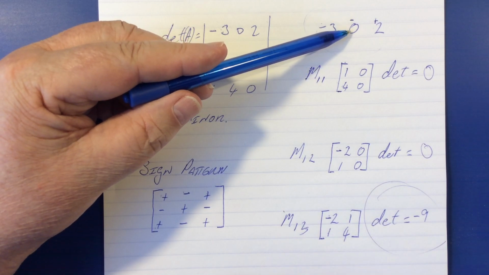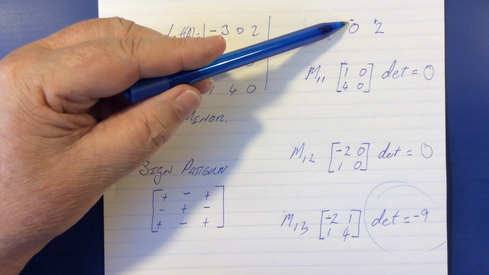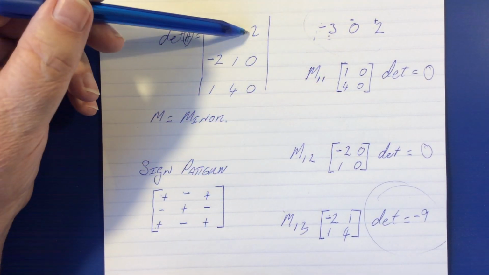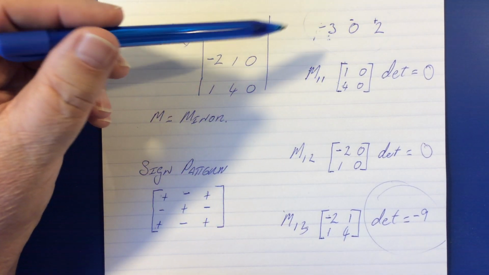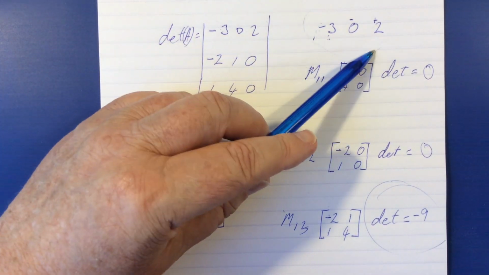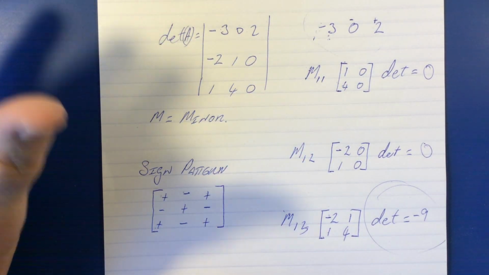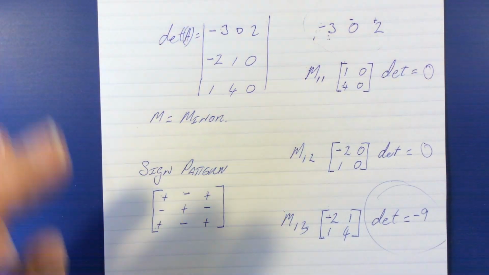Negative, negative would give us a positive. We just happen to have a 0 here, but just for the sake of completeness, I've put a negative up there. Positive, positive, positive. Okay, we'll come back to these. These become multipliers or scalars for some other determinants that we are going to find.